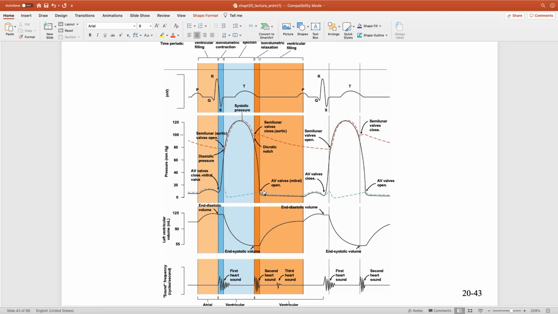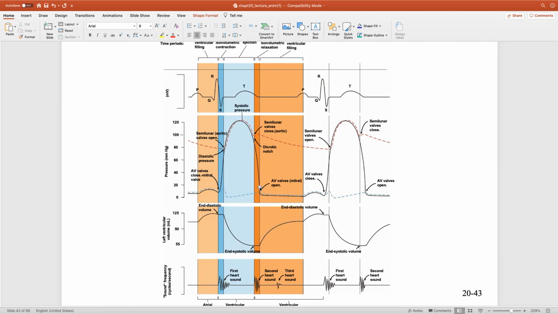Now we have passive filling again as blood goes from the left atrium past the opened mitral valve into the now fully relaxed left ventricle. As blood goes from the left atrium to the fully relaxed left ventricle, we should see a little bit of a change in the blood volume. And that's what we see right here. Again, keep in mind, all of these are related to each other.